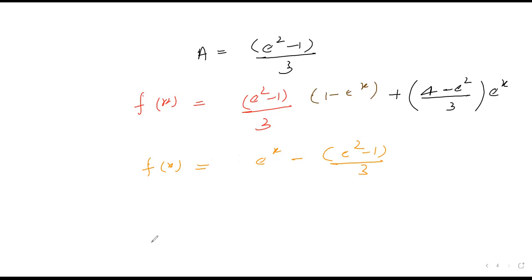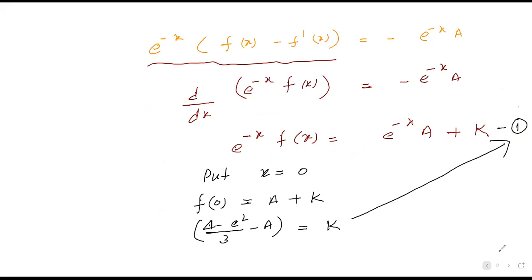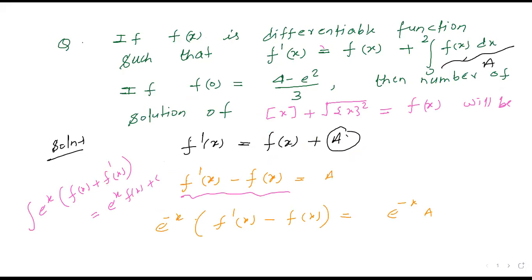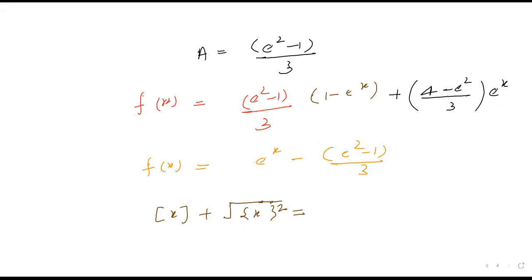So now basically you have to obtain the number of solutions of this equation, which is GIF of x plus under root of fractional part x square equal to, this is basically fractional part x whole square. Yes, square root of fractional part x whole square equals e raised to the power x minus (e square minus 1) divided by 3.